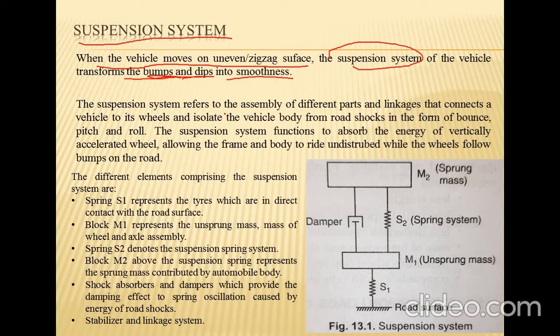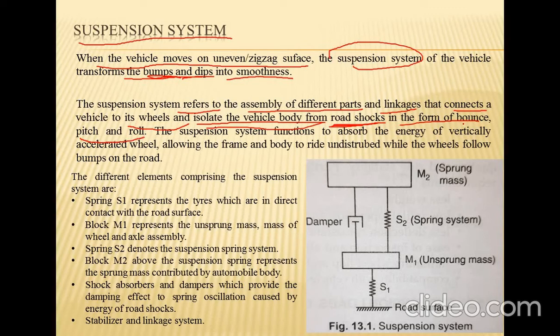The suspension system generally refers to the assembly of different parts and linkages that connects a vehicle to its wheels, and the main important thing is to isolate the vehicle body from the road shocks in the form of bounce, pitch and roll.